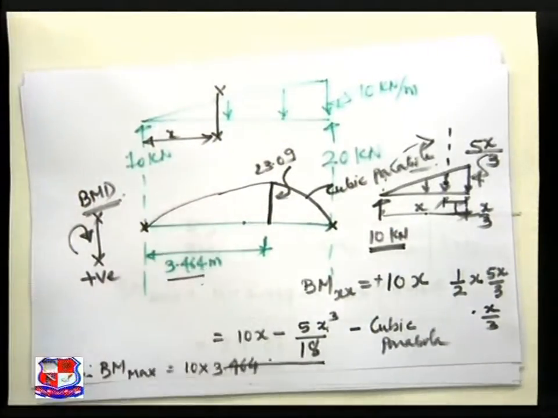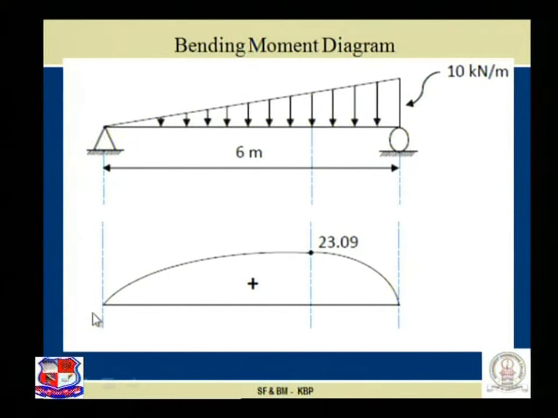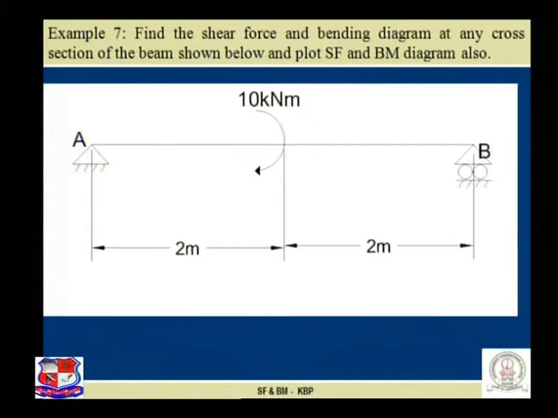So please visualize over here, the diagram is of cubic parabolic nature, and we will achieve the maximum bending moment at the location where the shear force is 0. So now we have achieved SFD and BMD in this particular problem. Let us revise, let us conclude certain parameters based on this particular problem. First, about the shear force diagram.